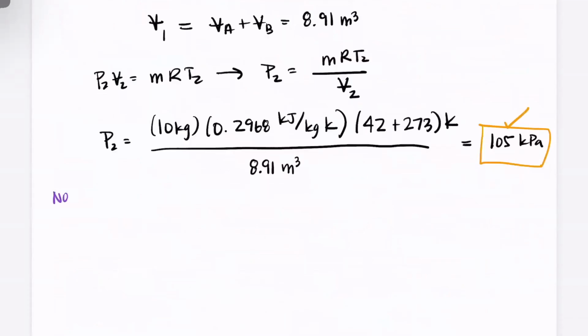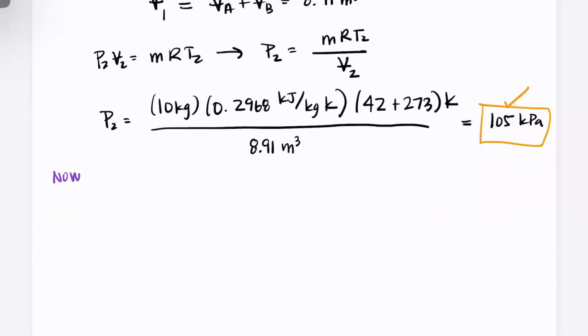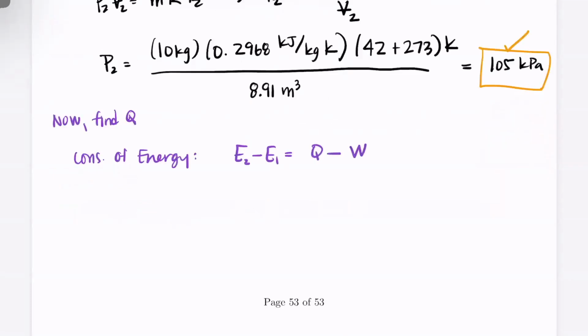So now find Q. All right, to find Q, we're going to use our conservation of energy because that's where Q shows up. So we have conservation of energy: E2 minus E1 is equal to Q minus W, right?